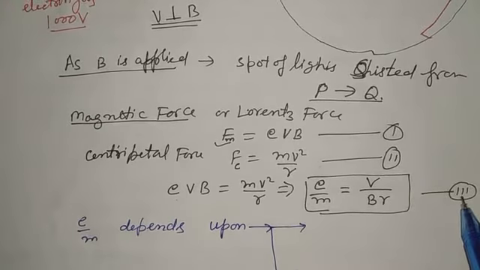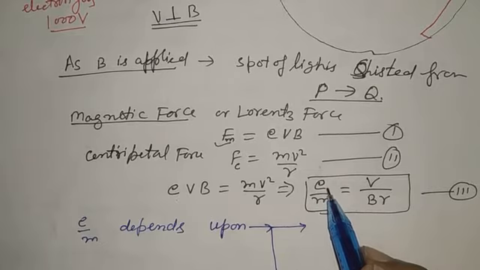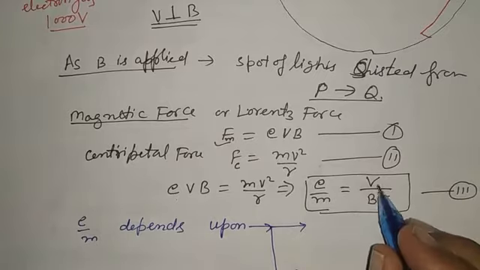So this equation 3 clearly shows that the factor which we are going to obtain here, that is e by m, depends on 3 factors.